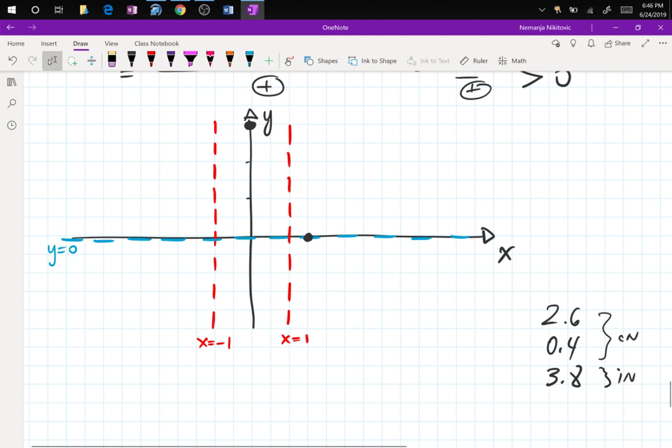Okay, so let's compute the function of 2.6. So it's about 0.4. So 2.6, 0.4. That's the first one.